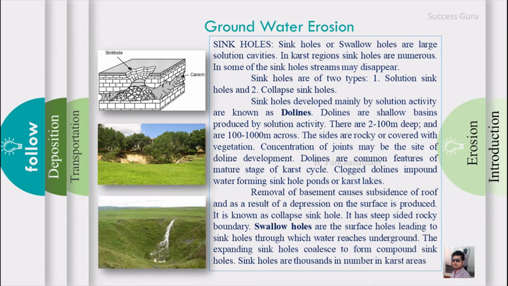The removal of the basement causes subsidence of the roof, and as a result a depression on the surface is produced, known as the collapse sinkhole. It has a steep, rocky side boundary. The swallow holes are surface holes leading to a sinkhole through which water reaches the underground. The expanding sinkhole collapses to form compound sinkholes. The sinkholes are thousands in number in a karst region.